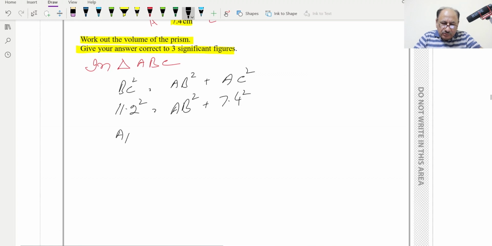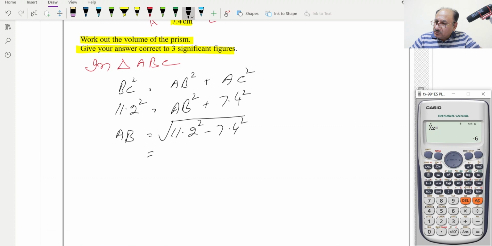So AB will be equal to the square root of 11.2 squared minus 7.4 squared, because we have dropped the square. We can calculate this one.